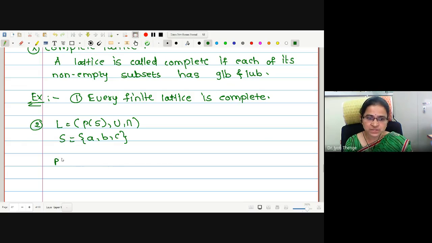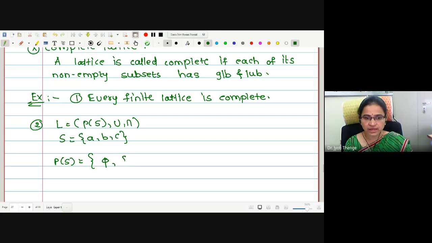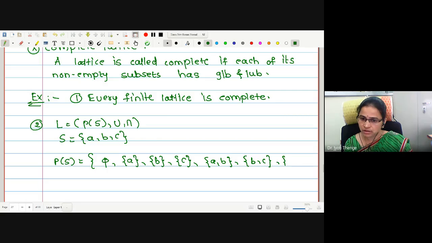How many elements will this power set have? 8 elements: singleton A, singleton B, singleton C, doubletons AB, BC, AC, and the set itself, A, B, and C.